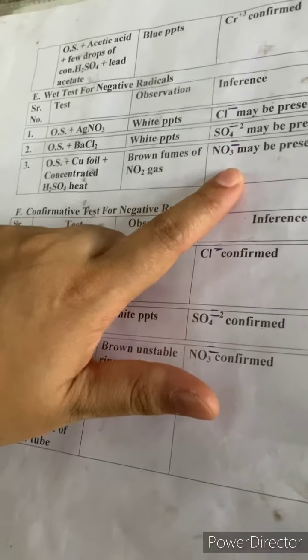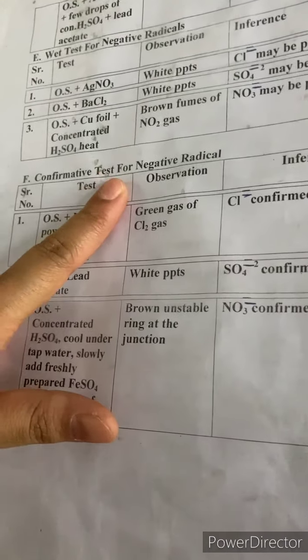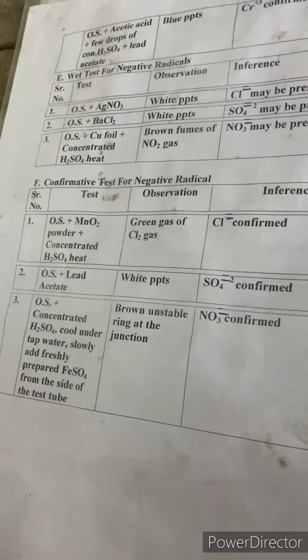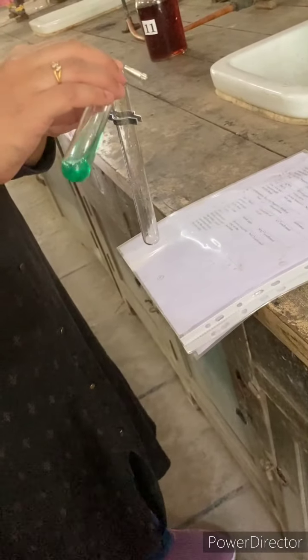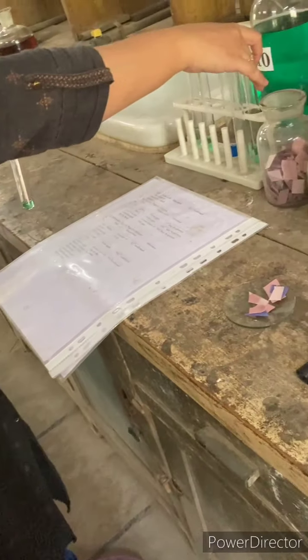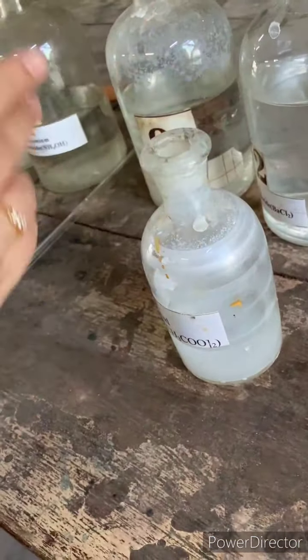So we are not going to do the test of nitrate ion, we will directly go for the confirmative test of sulfate ion. So in a test tube we will take OS plus lead acetate.